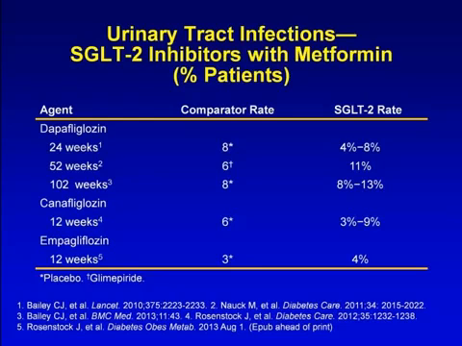And the data here is summarized with dapagliflozin, canagliflozin, and empagliflozin with different durations. The rate of urinary tract infection with the combination of SGLT2 inhibitors and metformin was very similar to that of the combination of metformin with either placebo or glimepiride, with perhaps a small increase in this rate in some of the studies.